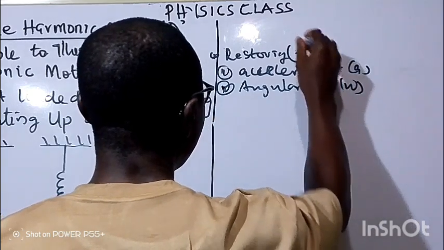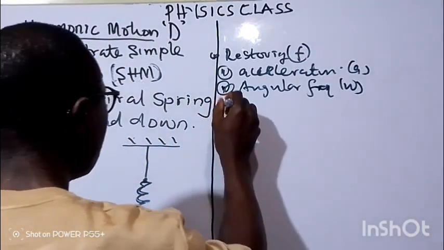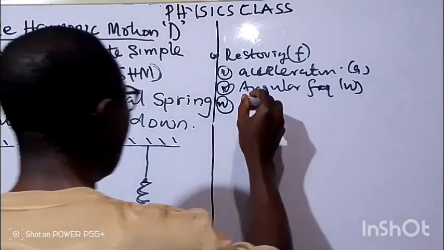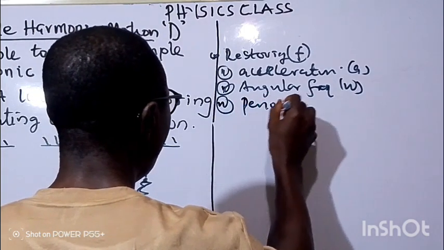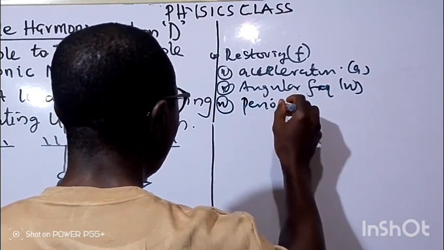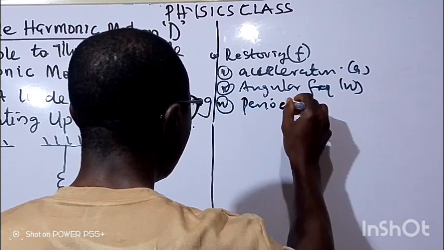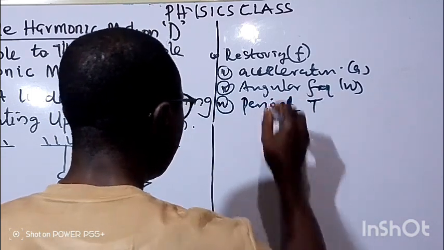And the next one, number 4, is period, the period of simple harmonic motion under each example. That is T.